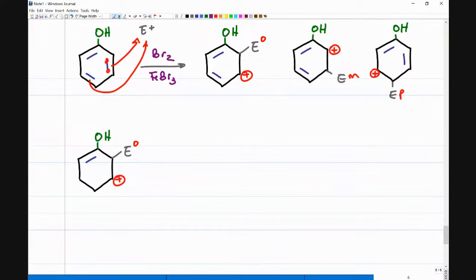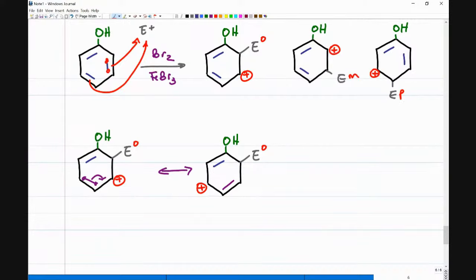And that means I can have another resonance structure that looks like this. The purple electrons will jump on over this way. The resonance will have the purple electrons now sitting over here and the carbocation over here.